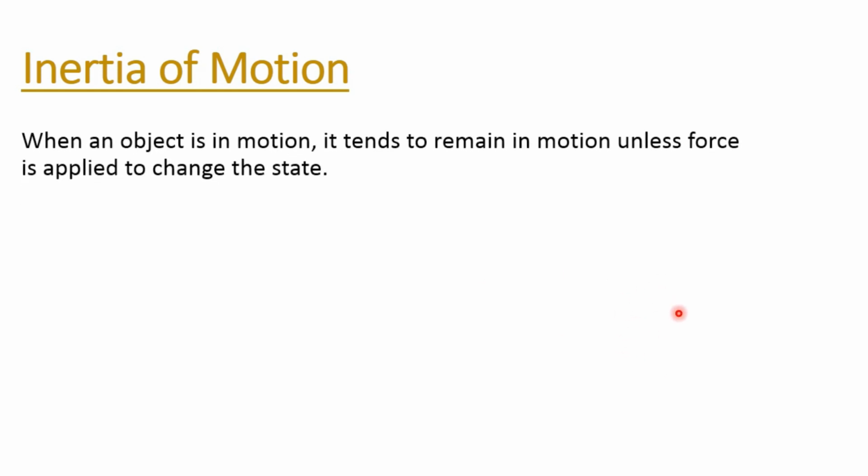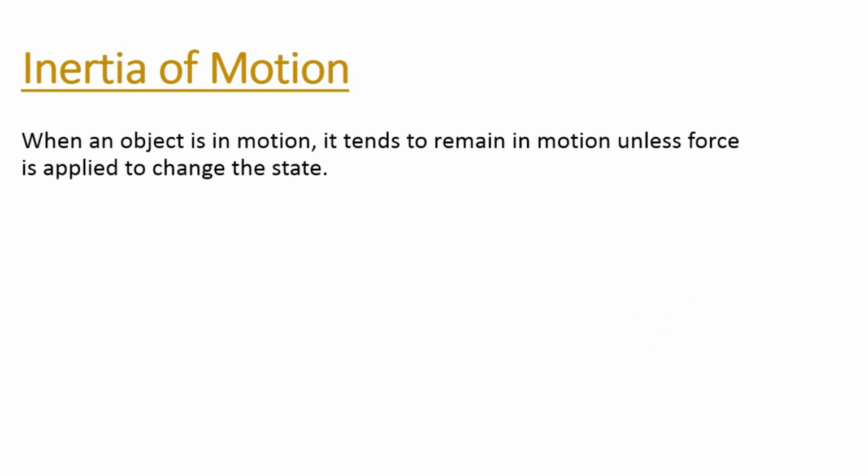Now I will take inertia of motion. So what is inertia of motion? An object tends to remain in motion state. It will oppose the rest state, and it will come to rest state when we apply a force on it. So this is the definition of inertia of motion.